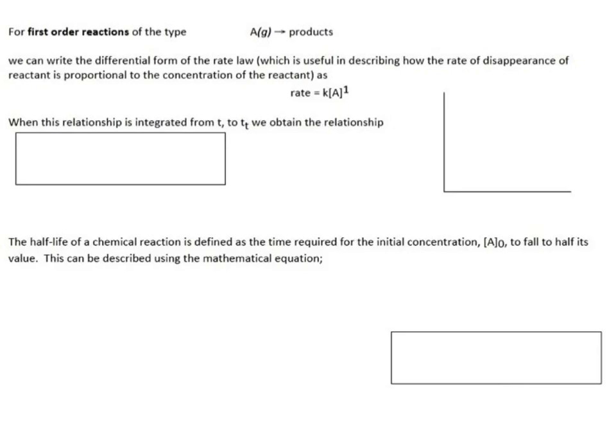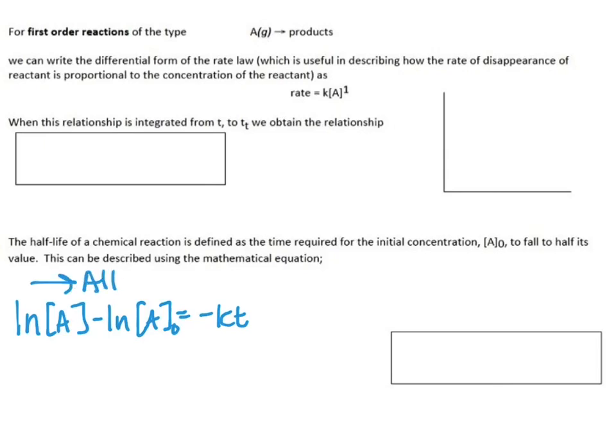So if we take ln of A minus ln of A naught and set that equal to negative kt. Now what you need to know about first order reactions is that all radioactive decay is first order.